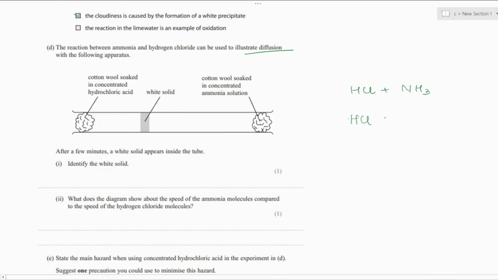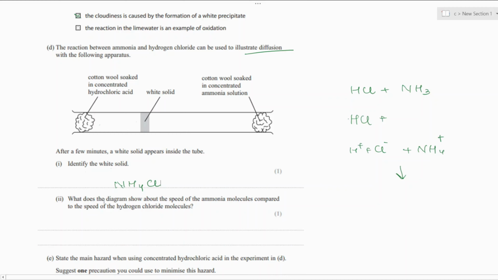HCl, what ion would be formed by ammonia? Let's say it forms hydrogen ion, chloride ion, and we have ammonium ion. Okay, what would be the product now? Ammonium chloride.